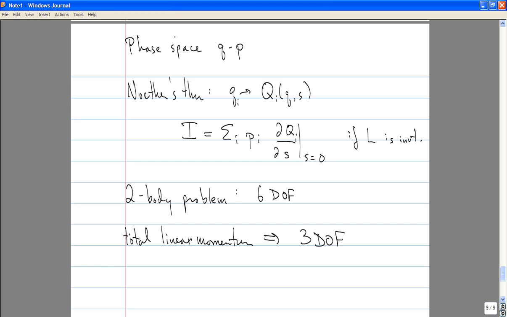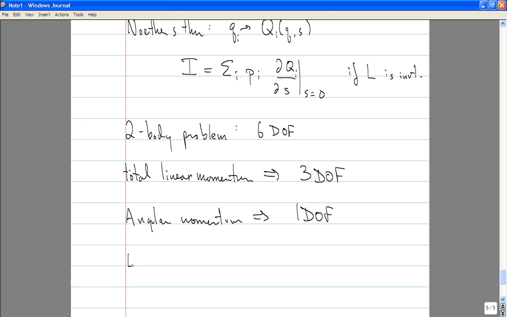And then we used the conservation of angular momentum to reduce this to a problem involving 1 degree of freedom. And we saw that the equation of motion was equivalent to that of a particle in 1D with an effective potential.